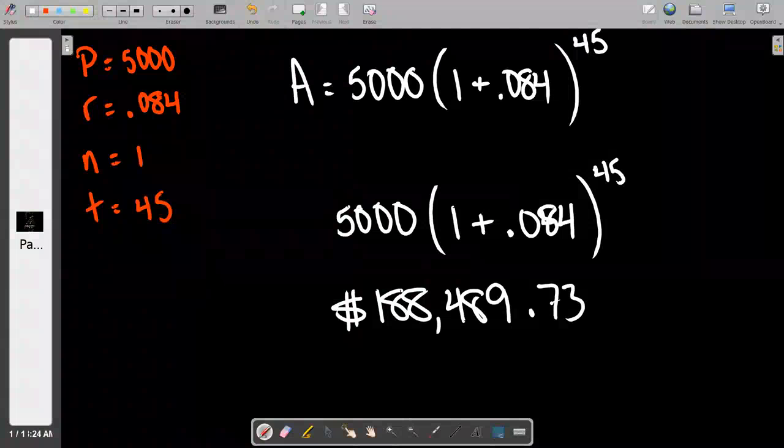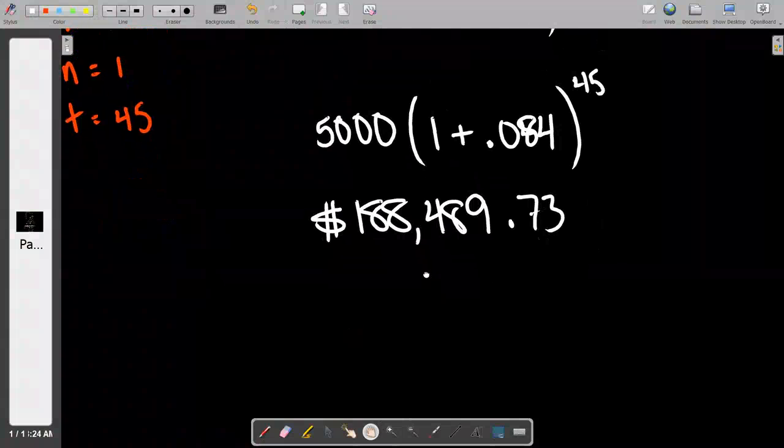So I hope you were able to find success with that. If you want to practice again, do the exact same calculation, but let's take a look at it for 55 years. So do the same calculation again, 5,000, parentheses 1 plus 0.084, close parentheses, to the power of 55.